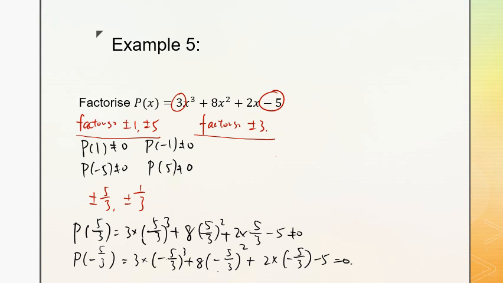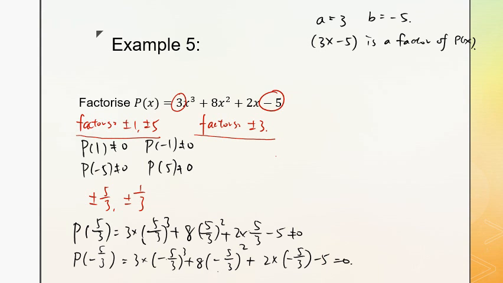And what that implies is now the a value is equal to 3. Again, always think about the a value to take a positive 1, and then b is equal to -5. Therefore, 3x minus 5 is a factor of p(x).